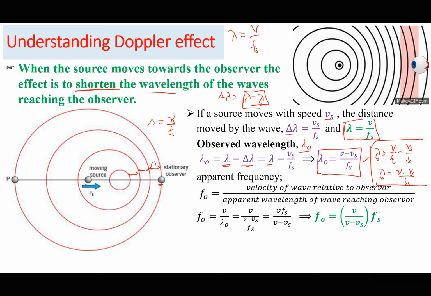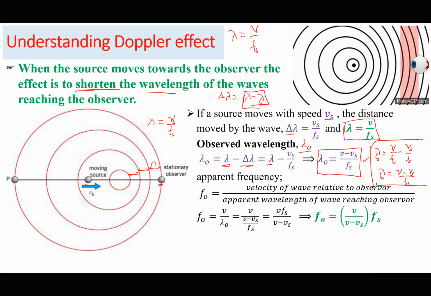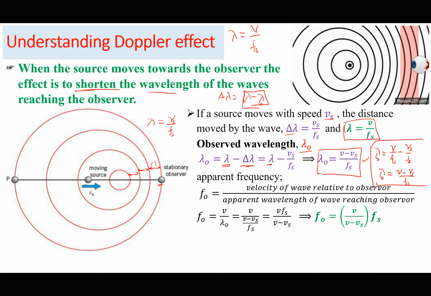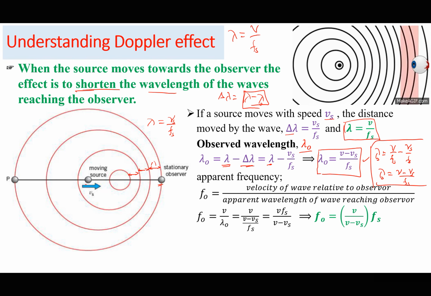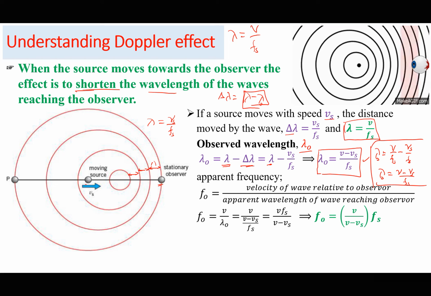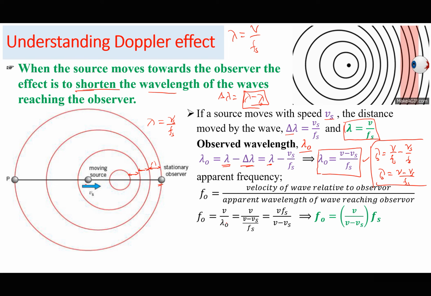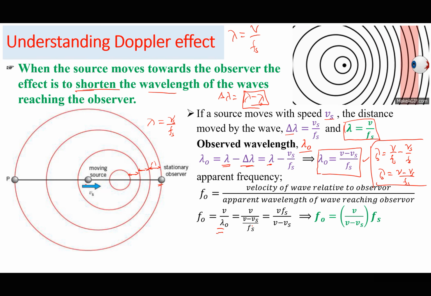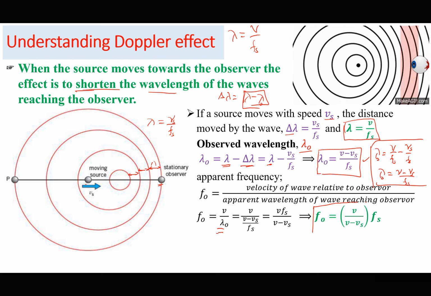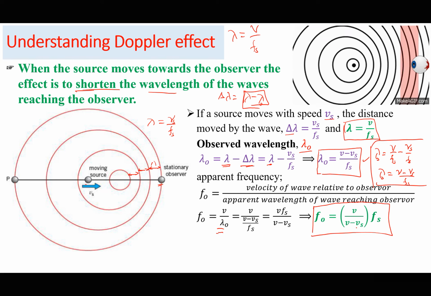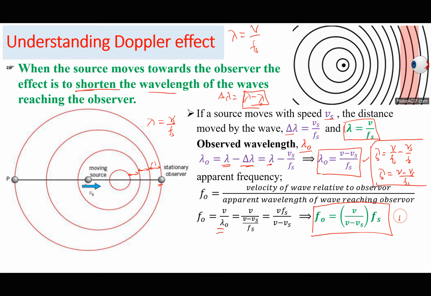But the velocity of the wave relative to the observer is what we gave as V, which is the normal speed of the waves in air. So from f naught equals V over lambda naught, I substitute for lambda naught with this expression here, and I simplified and got f naught to be equal to V over V minus Vs times Fs.